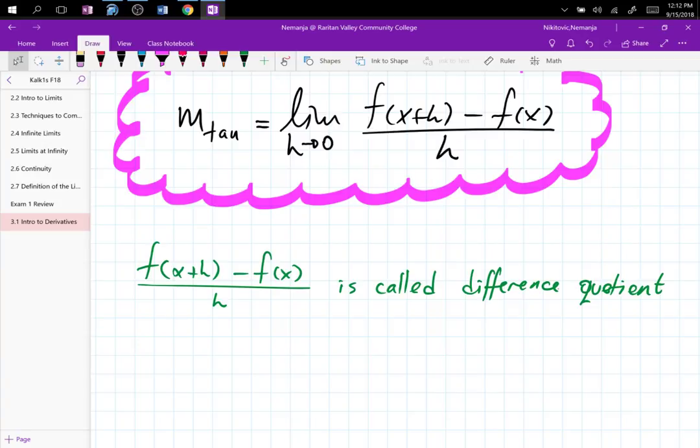To calculate that instantaneous change, we need this particular formula. Observe that h goes to 0. We are talking about infinitely small distance, infinitely small interval of time. This h goes to 0 is general.